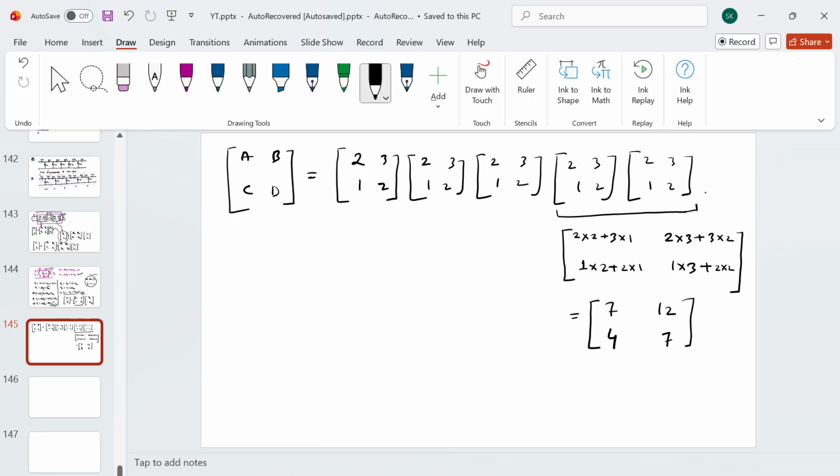So I know this thing, and I have to do this matrix multiplication, this one and this one. So if I do the matrix multiplication of this and this one, I can just remove this one. I can put here 7, 12, 4, 7. Okay. So do the multiplication again.